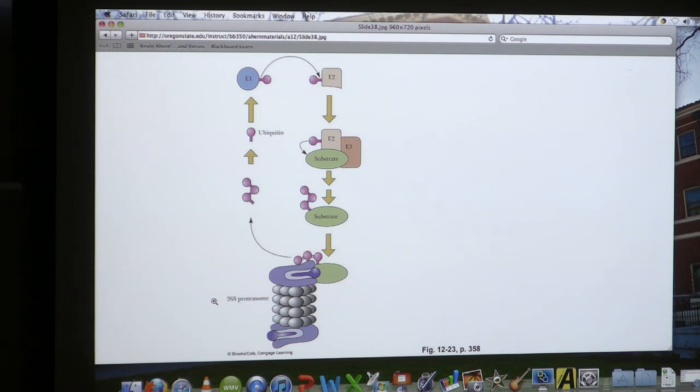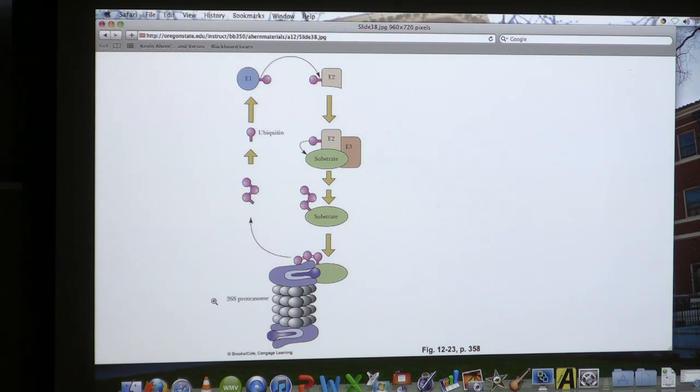That little flag is a small peptide called ubiquitin. Ubiquitin is a tiny peptide that gets put onto a protein. When it's on there, it's literally a flag, because that ubiquitination, as it's called, results in the protein being targeted for degradation inside of a complex called a proteasome.